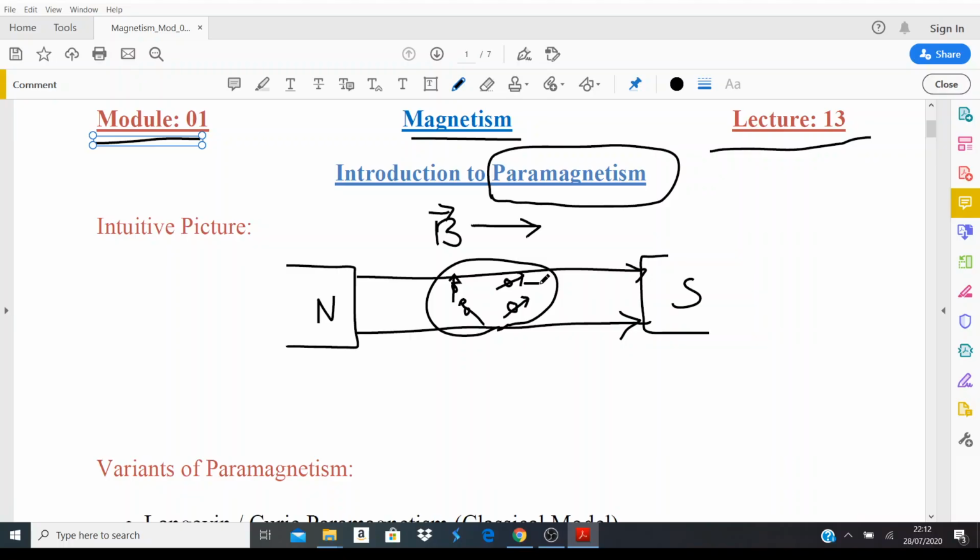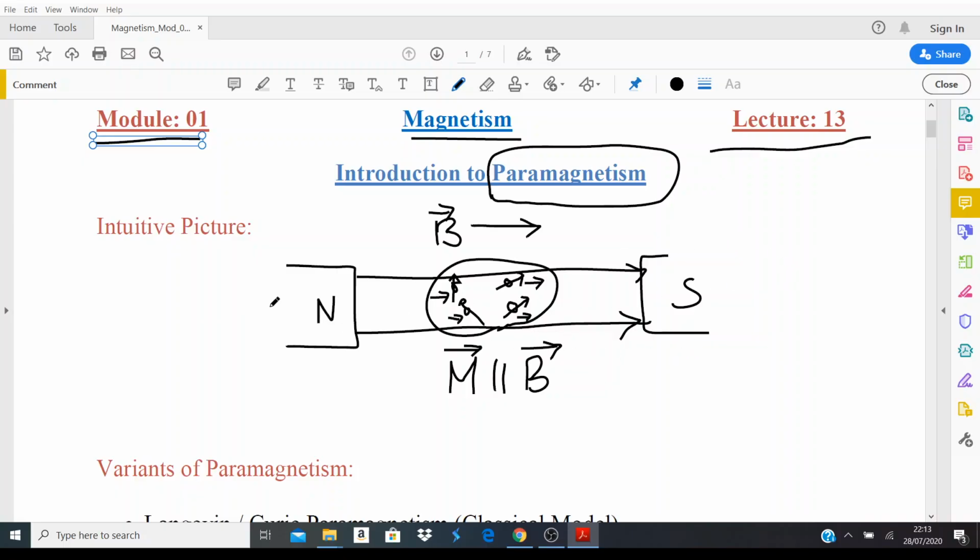So maybe this one will become like this, and this one along the magnetic field. So the material gains a net magnetization along B, and the magnetization, which is a vector, is now parallel to the external magnetic field.